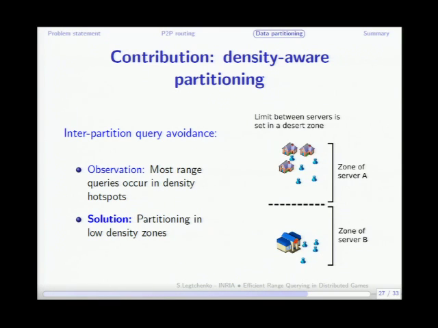This comes from a simple observation: most range queries are happening in 2 high-density zones, whereas the low-density desert zones have almost no range queries happening inside. So ideally we would like to do the partitioning only inside the low-density zones, without splitting the high-density hotspots.